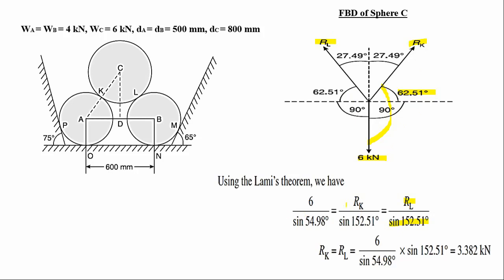This is the equation after applying Lami's theorem. If you cross multiply, you will get RK value as 3.382. Therefore RL will also be equal to 3.382 kilonewtons.